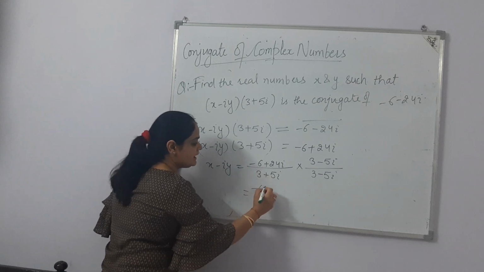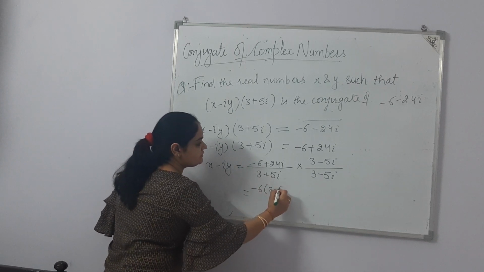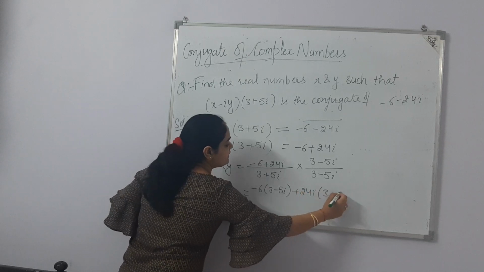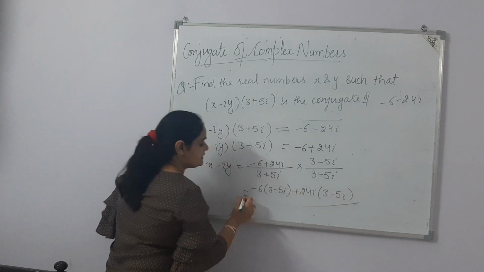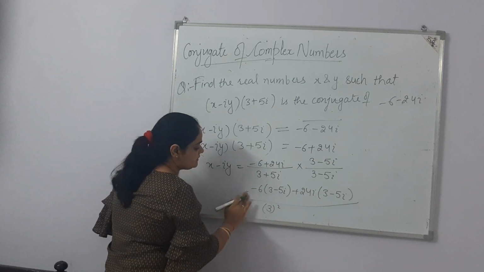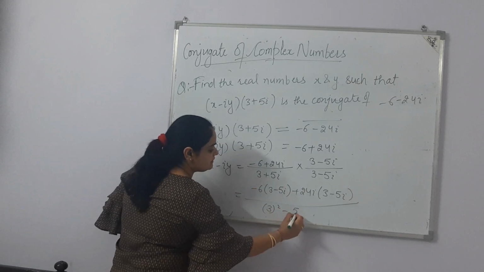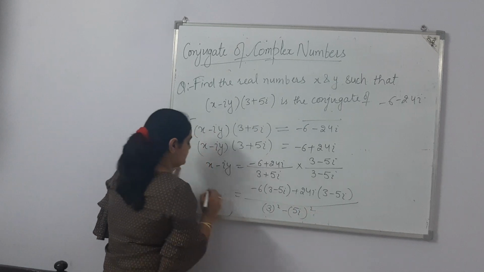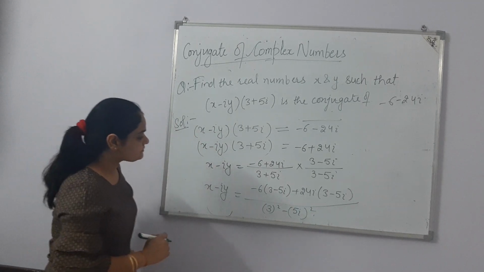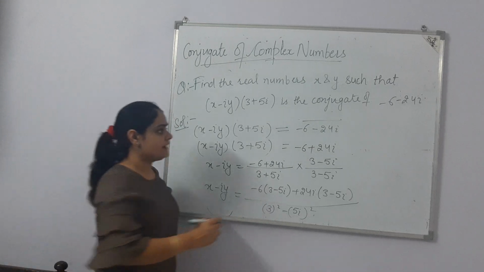So we'll multiply minus 6 with 3 minus 5 iota, and plus 24 iota with 3 minus 5 iota. And in the denominator the formula a square minus b square is applicable.